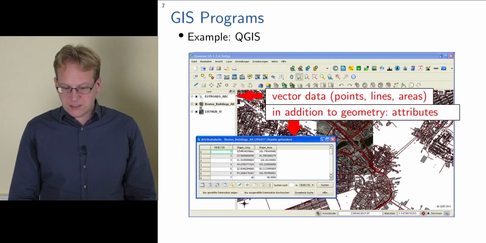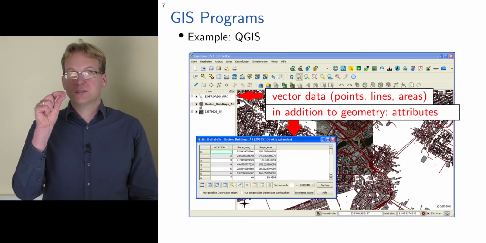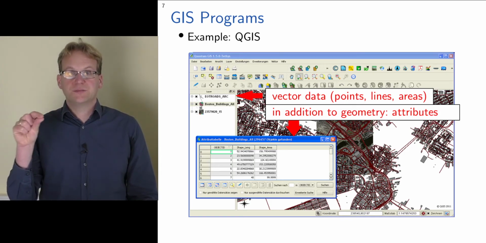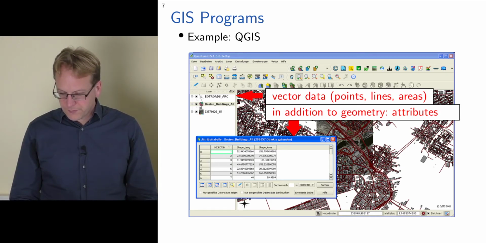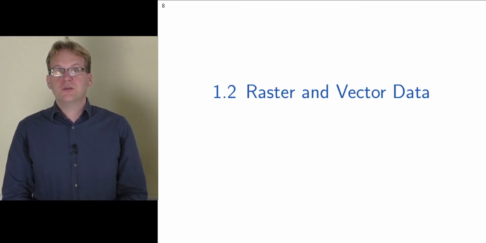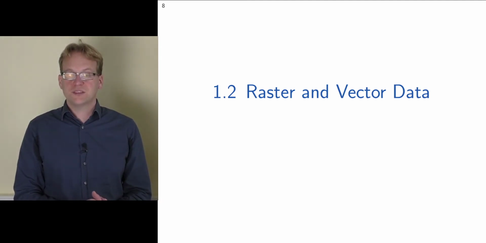So you see columns represent attributes, rows represent features consisting of a geometry and its attributes. Well, so that was just to show how such a geographic information system program looks like.